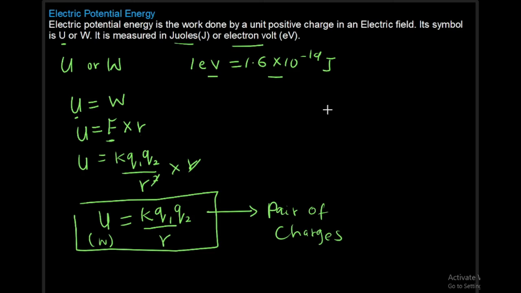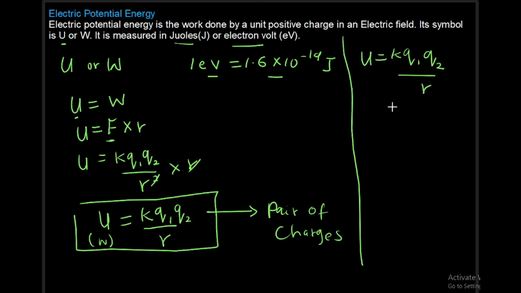So when it's now a single charge, what is going to be your equation? From this equation, we have that U is equal to KQ1Q2 all over R. This is what we have here. This can further be simplified to U equals KQ1 all over R times Q2. All right.